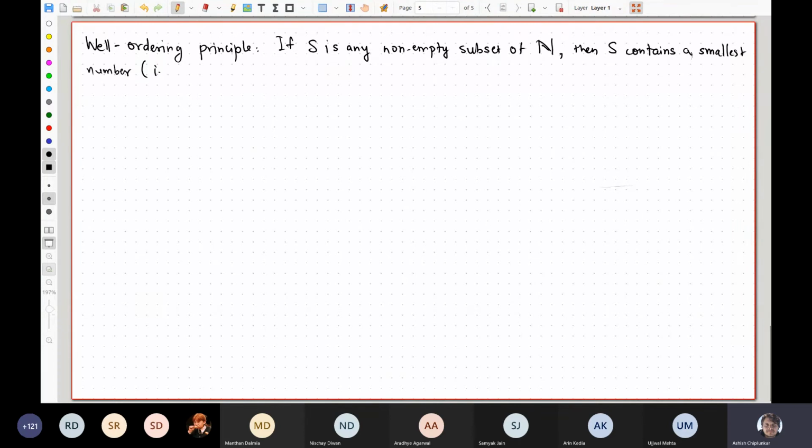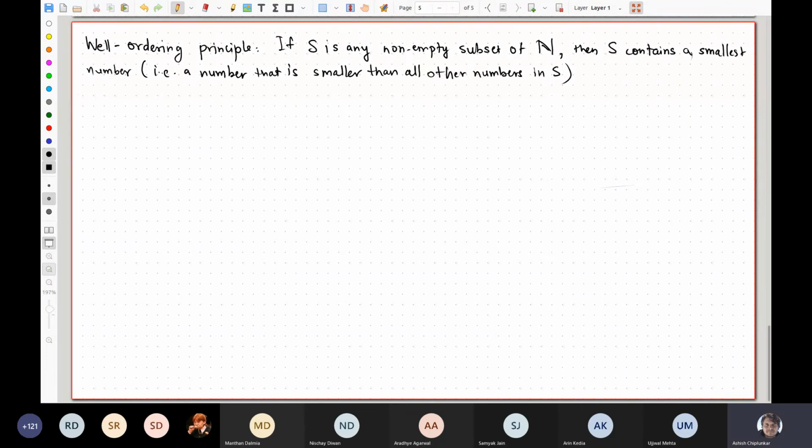Let me explain. That is a number that is smaller than all other numbers in S. Looks trivial, right? Every non-empty subset of natural numbers contains the smallest number.